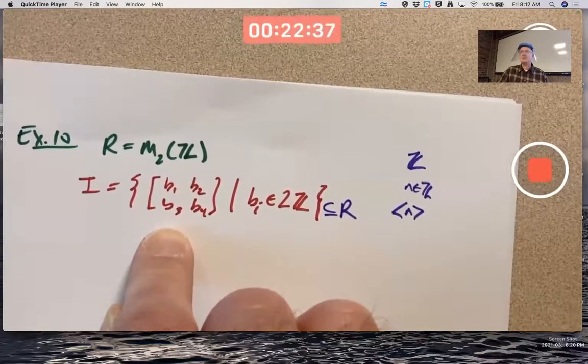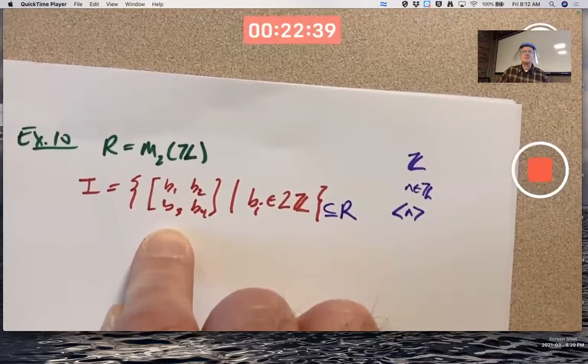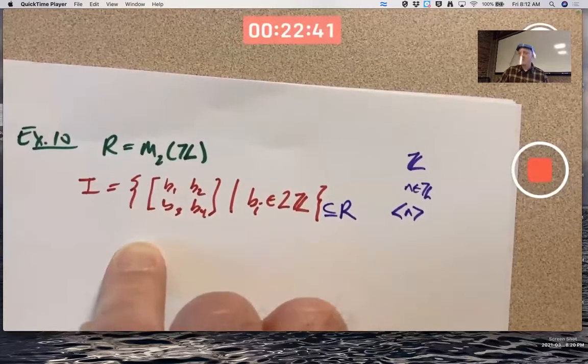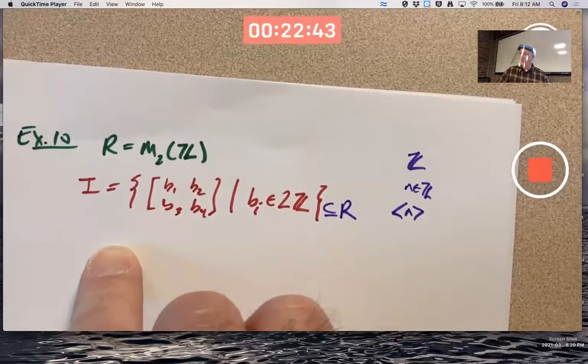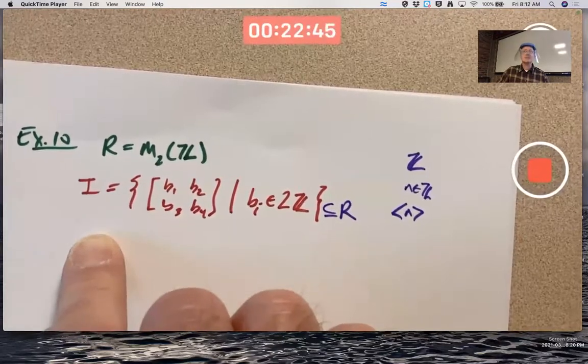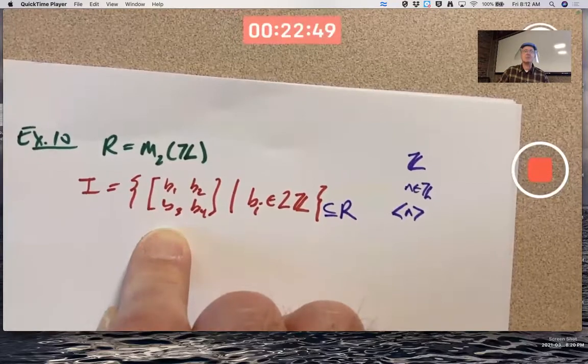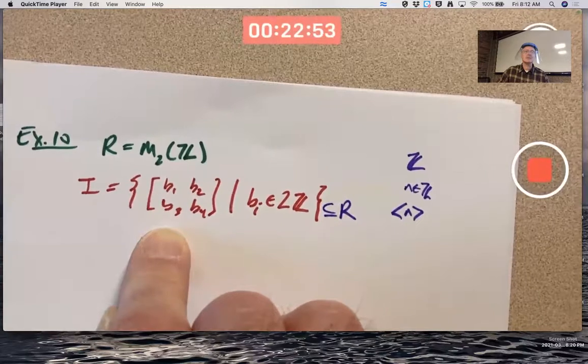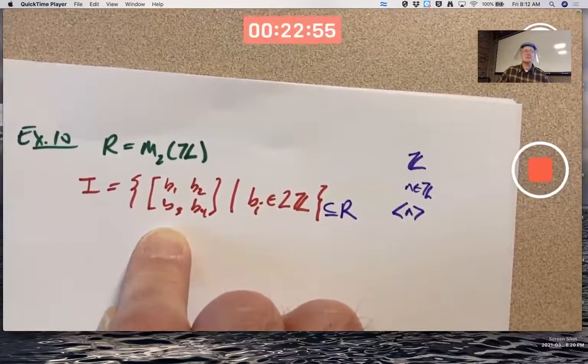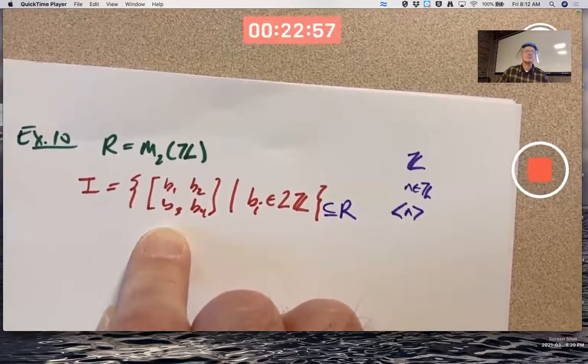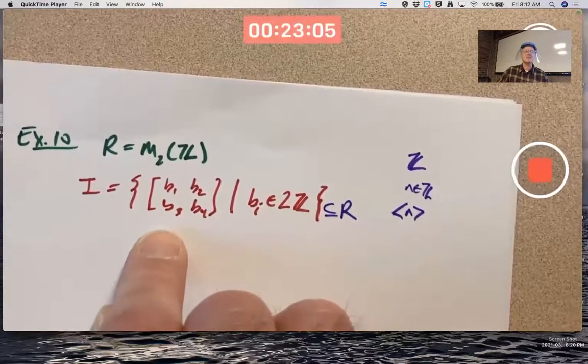You subtract any two even numbers, it's still going to be even. It's also superclosed under multiplication. You multiply this by any matrix, whether that matrix has odd numbers or not, you're going to get a matrix with even numbers, because an odd number times an even number is still an even number, and the sum of any two even numbers is even. Does that make sense? Can you just imagine doing the argument? This is an ideal of R.